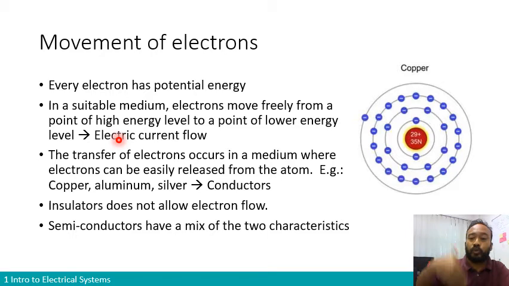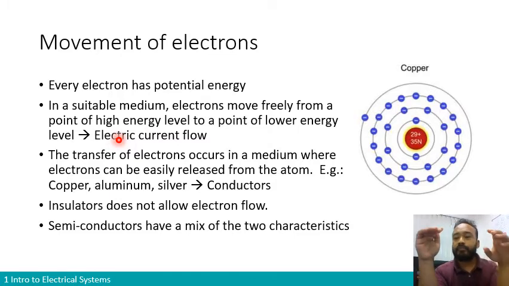Why? Because it wants to go to the point of lower energy. The same thing goes for charges. When they are placed at a place with a higher level of energy, and they are connected to a point where there is less energy, they would like to move from that high potential energy to a lower point of energy.